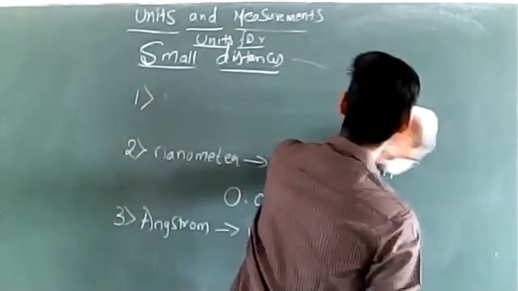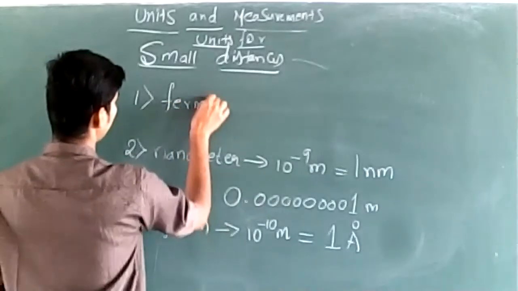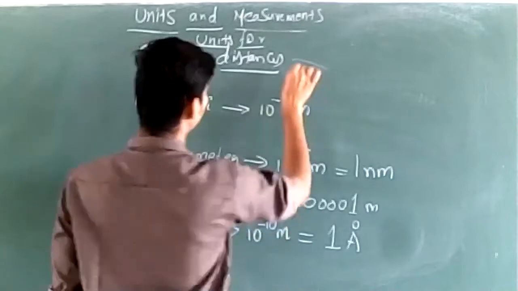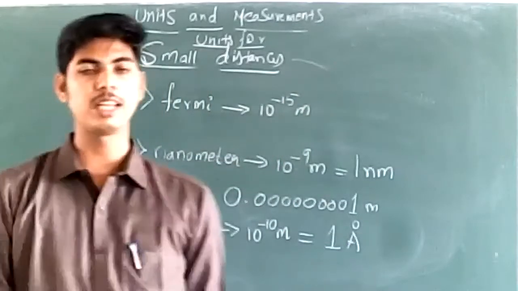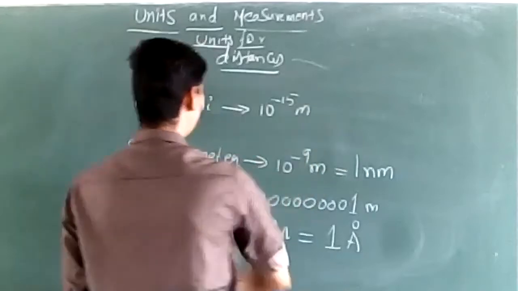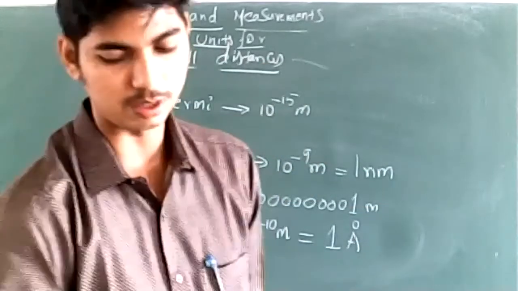After this we also use another unit called Fermi. Fermi is 10 power minus 15 meter, right? So these are some of the practical units for measuring very small distances.